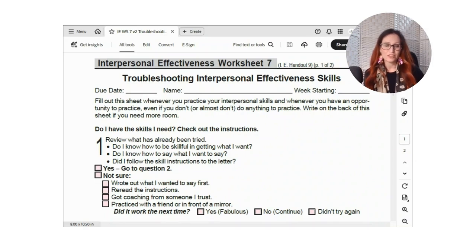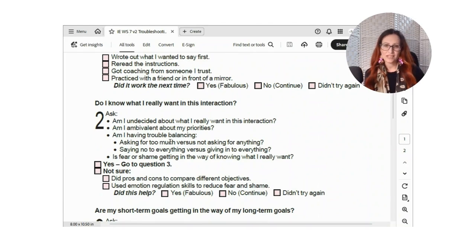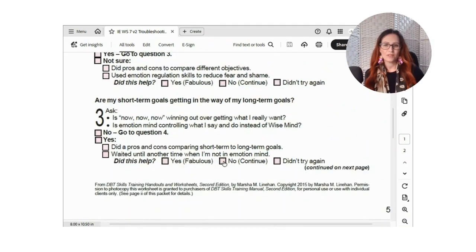The first question is, do you have the skills that you need? The second question is, do you know what you want out of the interaction? The third question, are your short-term goals getting in the way of your long-term goals?